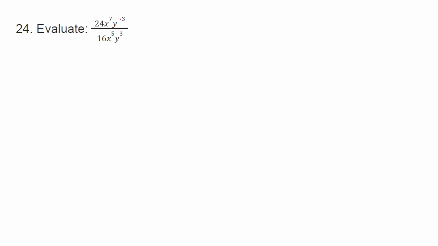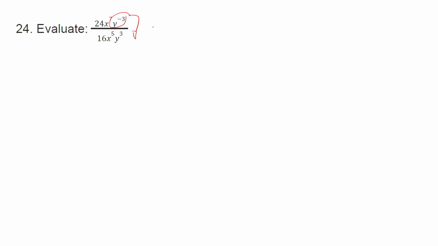Evaluate. We have here 24x raised to 7, y raised to negative 3, all over 16x raised to 5, y raised to 3. Again, please remember that when you see a base or a variable with a negative exponent, please put it on the different side. So if it's in the numerator, you bring it down to the denominator.